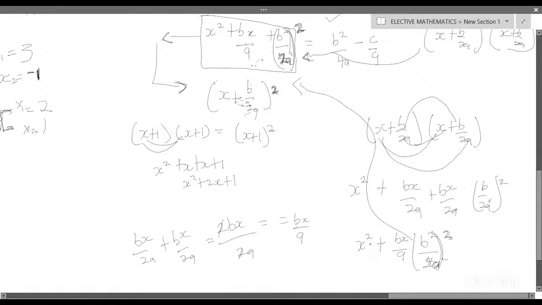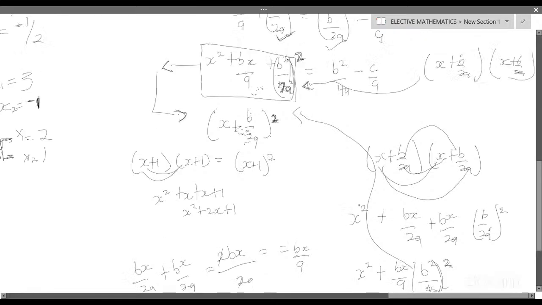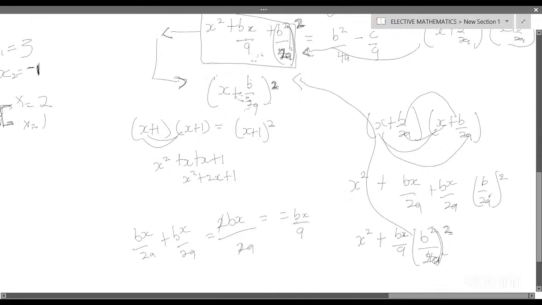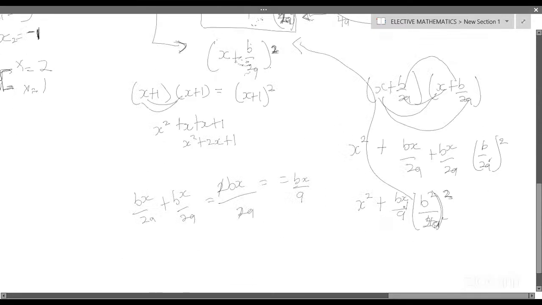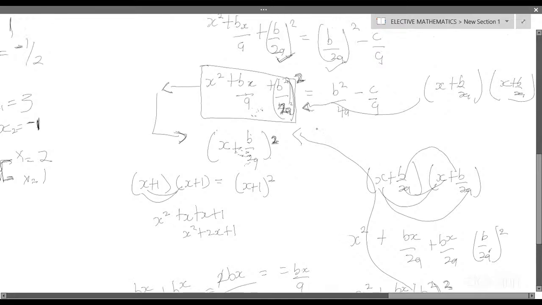We had x squared plus bx over a plus b over 2a all squared, exactly as it was here. So this has proved that this is truly the condensed form of this one. So now we can proceed.